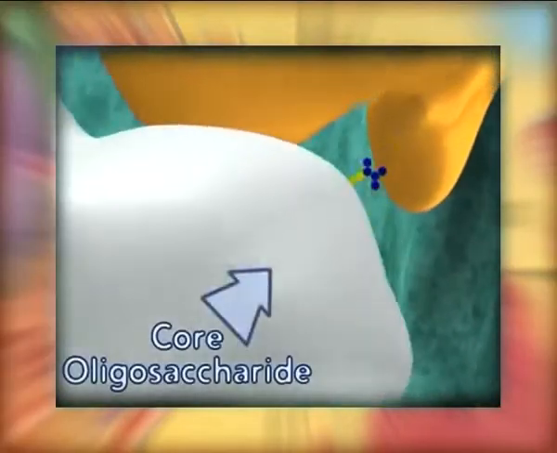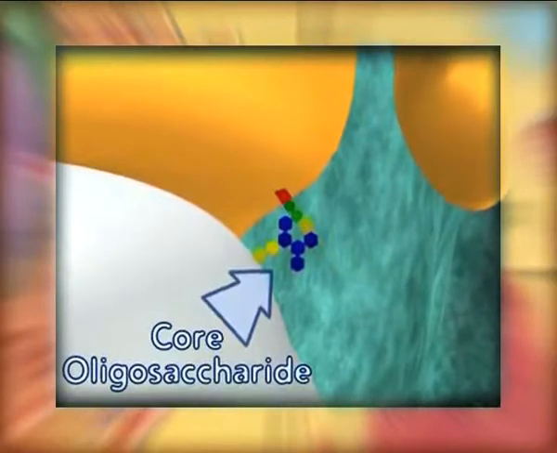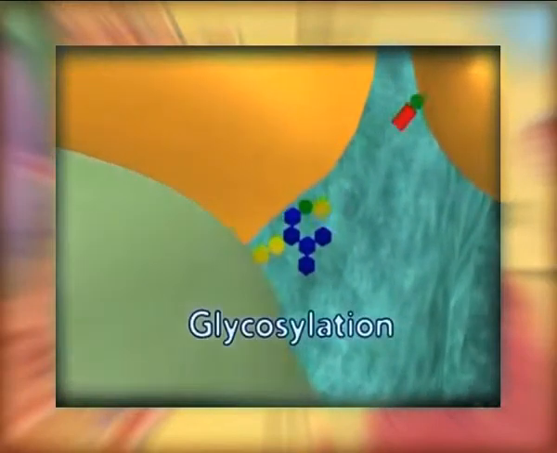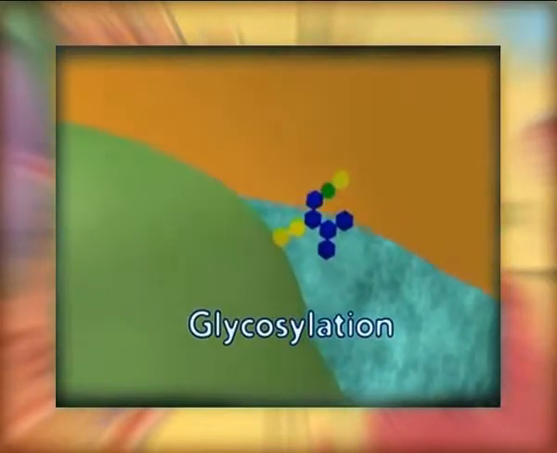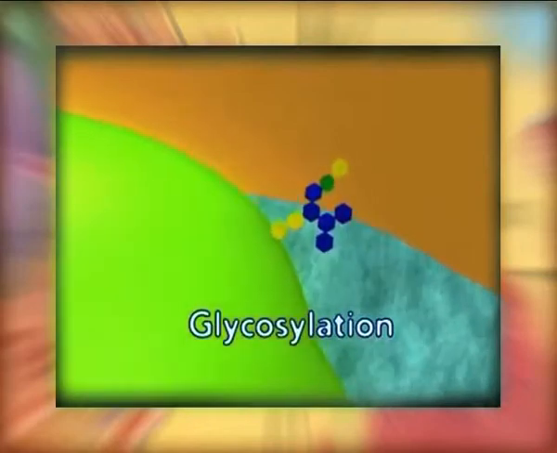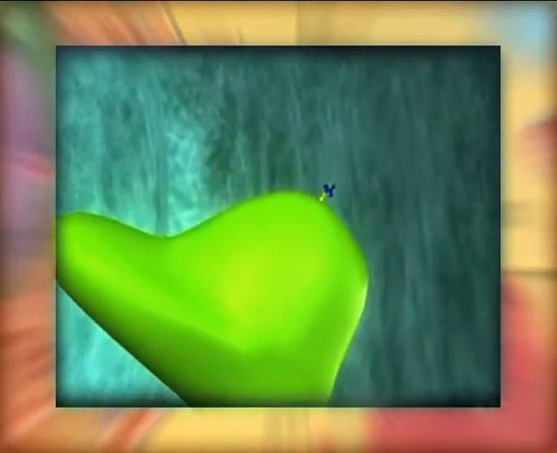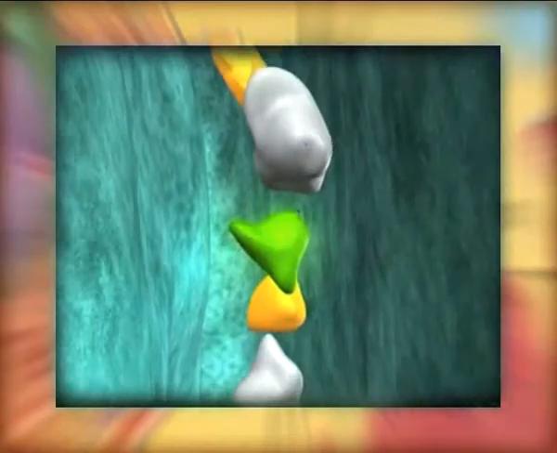Enzymes within the cisternae are able to modify substances by the addition of carbohydrates, glycosylation, and phosphates, phosphorylation. In order to do so, the Golgi imports substances such as nucleotide sugars from the cytosol.